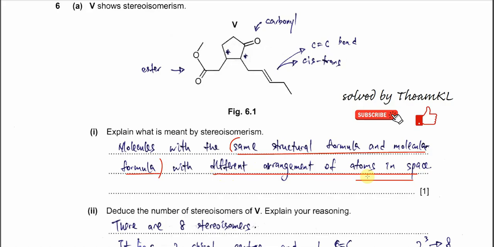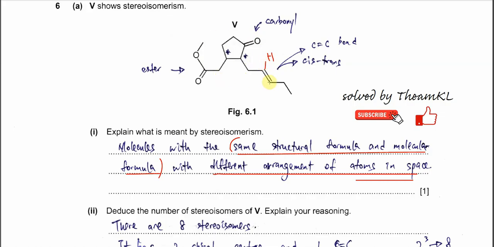So this one is how they are arranged. For cis-trans, we know that as long as the C=C double bond has different groups. Let's use this example in figure 6.1. This carbon has two groups, one hydrogen and one large hydrocarbon group here.